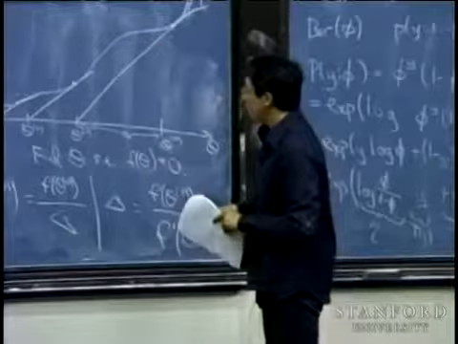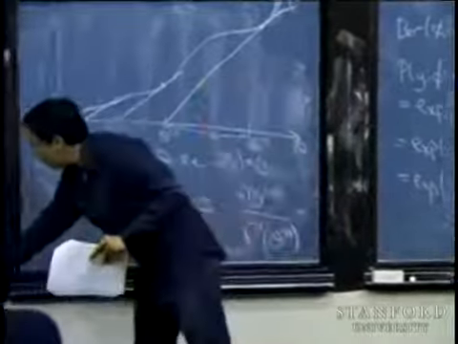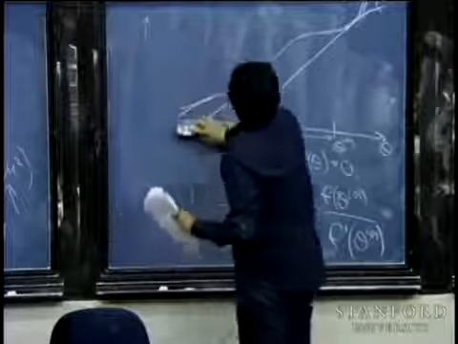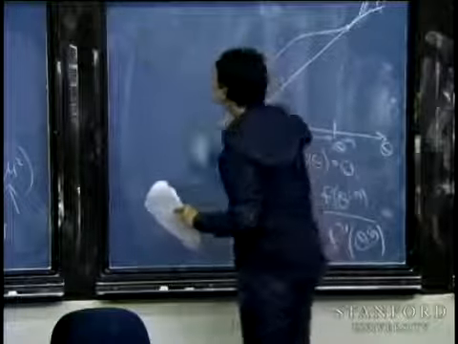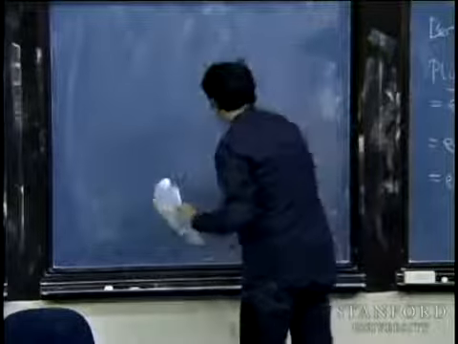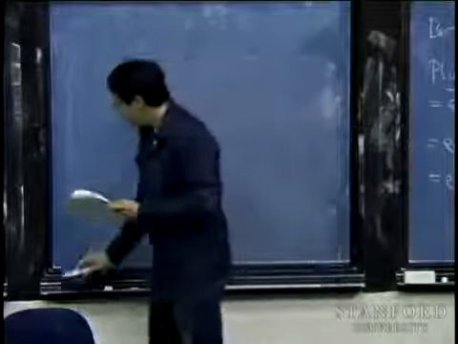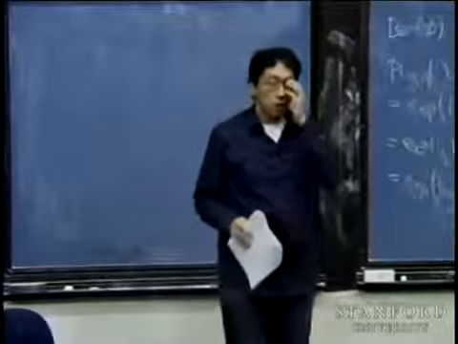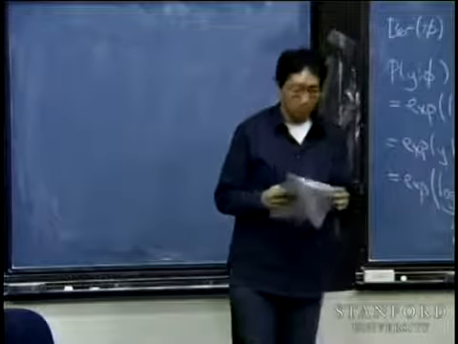Okay? Which brings me to the next topic: having chosen an exponential family distribution, how do you use it to derive a generalized linear model?